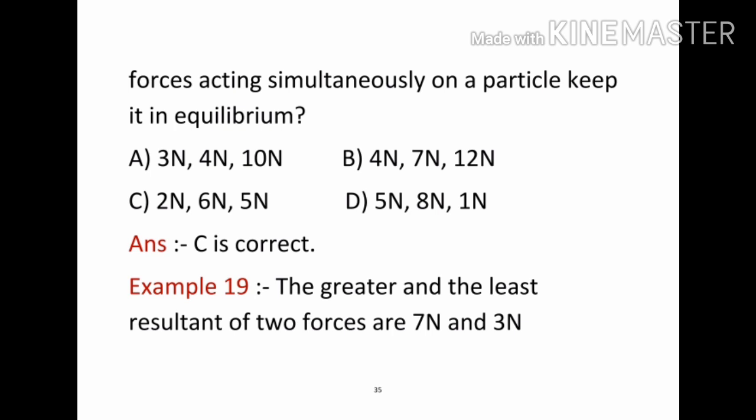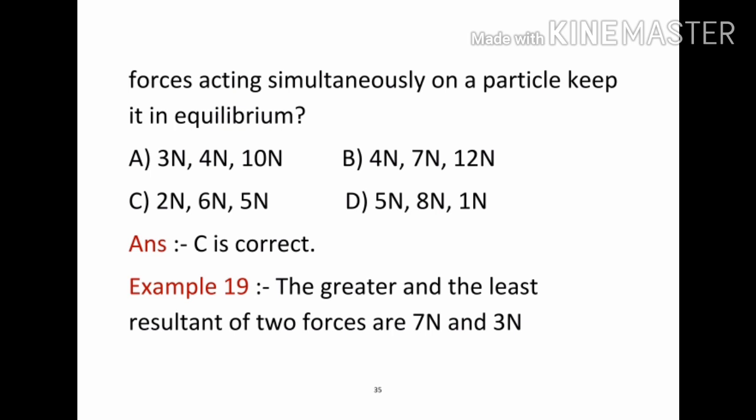So we are checking option A. A vector is 3 Newton, B vector is 4 Newton. So R max is equal to 4 plus 3, that is 7. R minimum is 4 minus 3, that is 1. So that means the resultant must be lying in between 7 and 1. But here the resultant is given as 10. So option A is wrong.